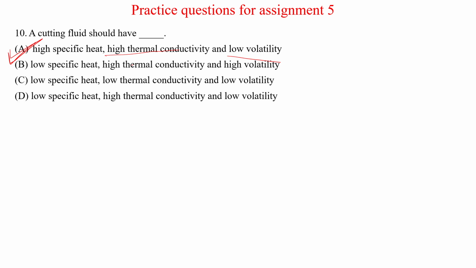The temperature will not be raised from a small heat only. So we require a cutting fluid with a high specific heat, because we want the cutting fluid to be stable. If in machining the cutting fluid temperature only increases, then how will it provide the required lubrication and cooling to the tool and workpiece? Therefore we want it to have a high specific heat.